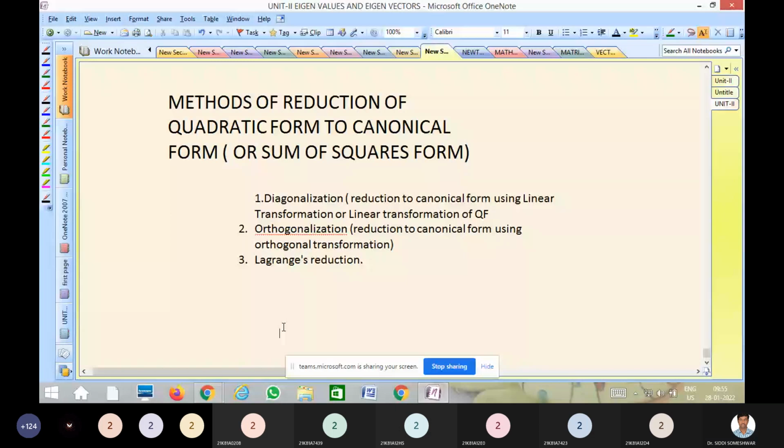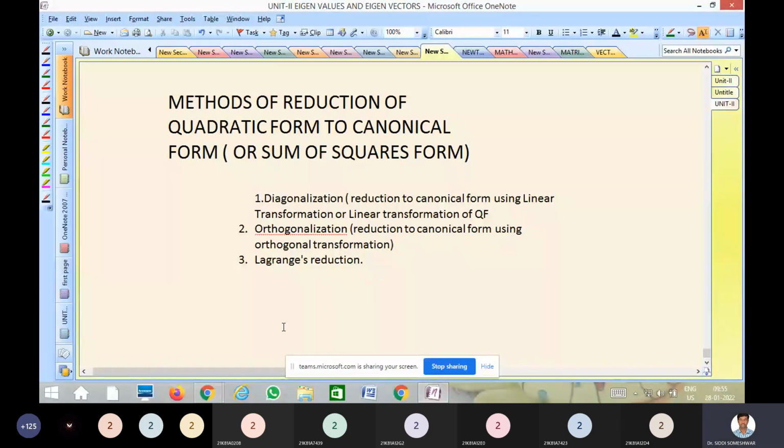The quadratic form may contain square terms as well as product terms, but what we are doing here is reducing the quadratic form into canonical form, which contains only sum of square terms, in which we can check the index and signature so that we can find the nature of the given quadratic form.